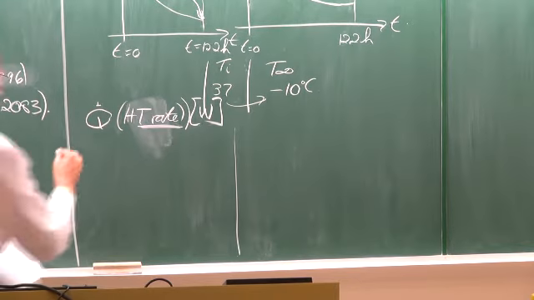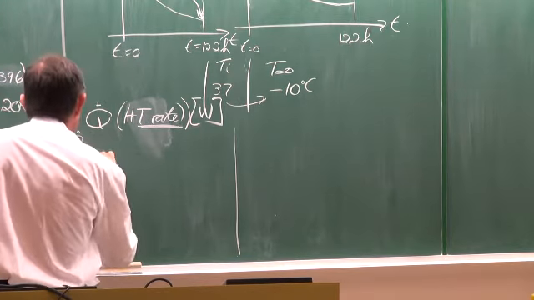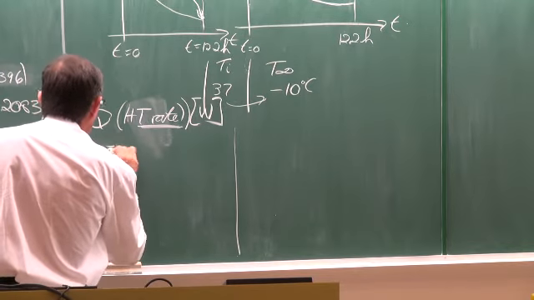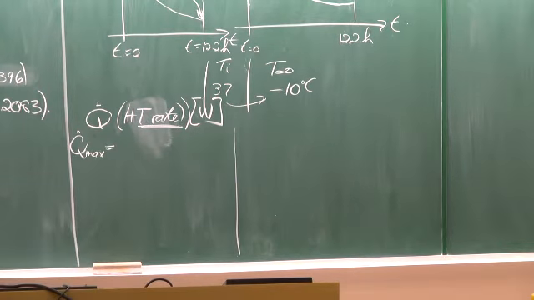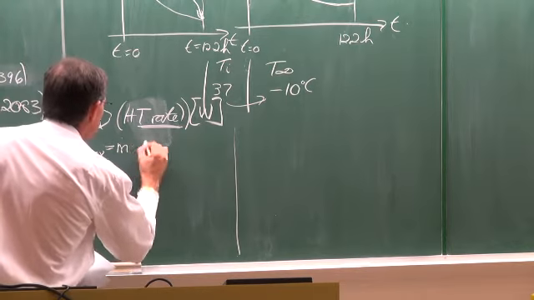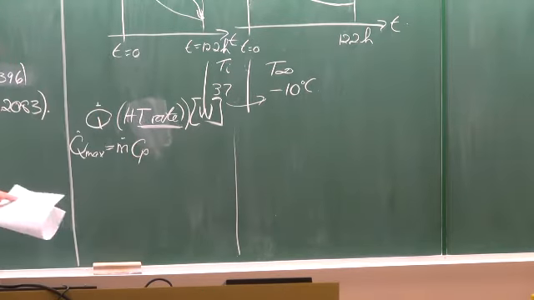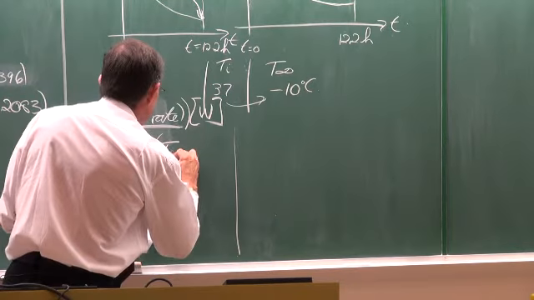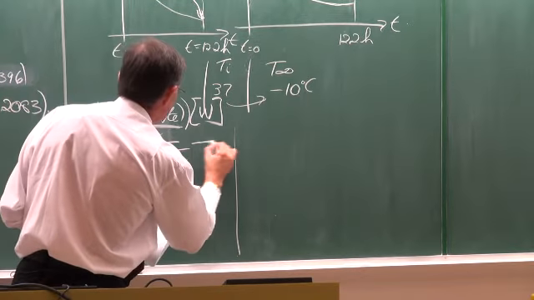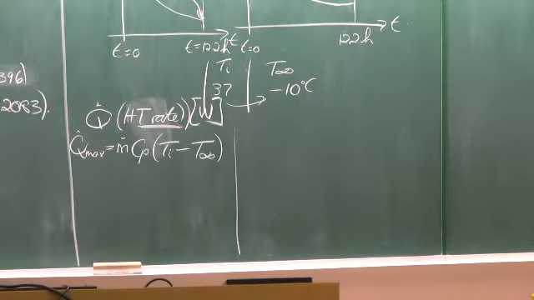Now the first thing that we can say is the maximum heat transfer rate would be m dot Cp multiplied by Ti minus T infinite.